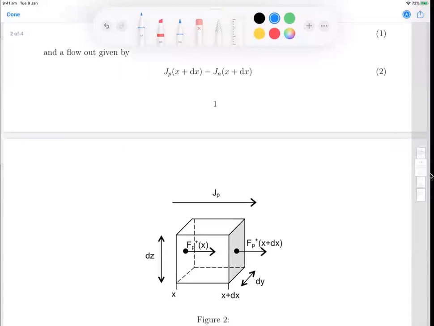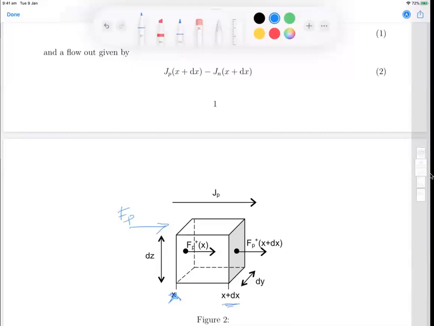So what we're going to do is put some dimensions on our box. So we start off at x here and move to x plus dx. And we have a flux, we're just going to look at the holes. And we can look at the holes independent of the electrons, because when we have recombination or generation, they're always equal.